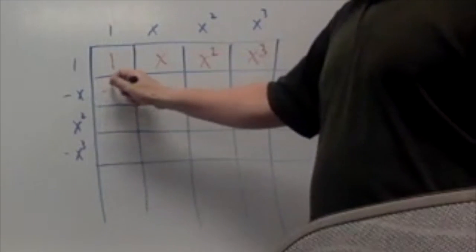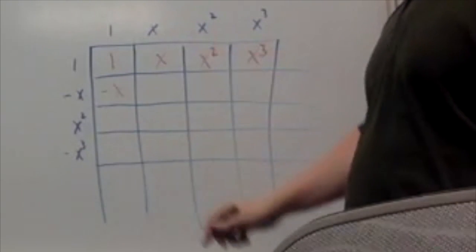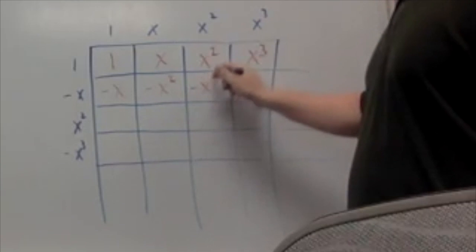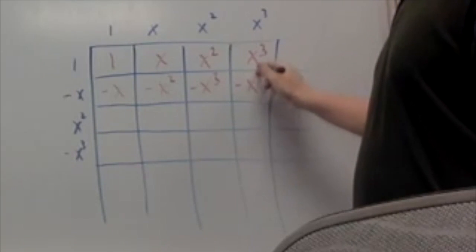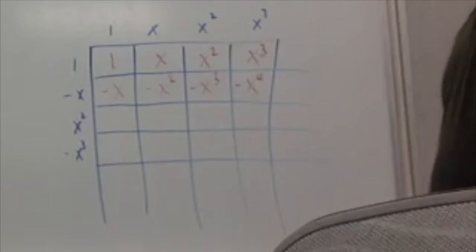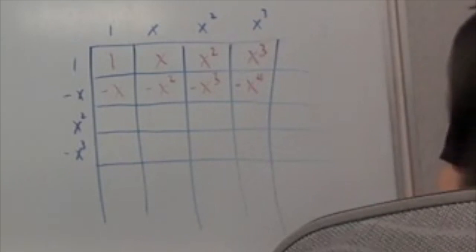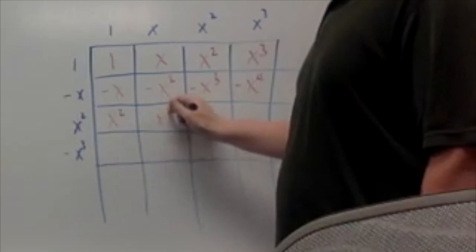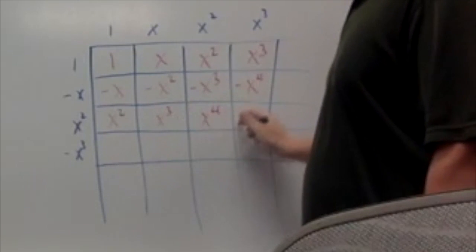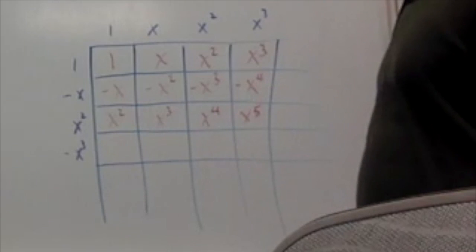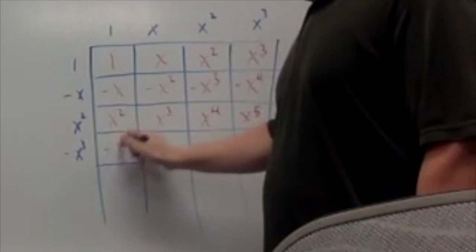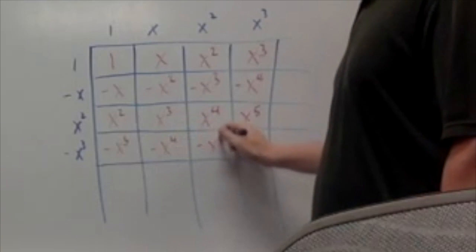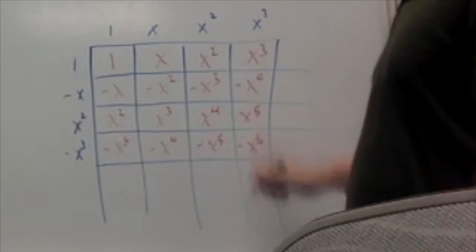Negative x times 1 would be negative x. Negative x times x would be negative x squared, negative x cubed, negative x to the 4th. And it's clear to me how the pattern will continue. Likewise, x squared, x cubed, x to the 4th, x to the 5th, negative x cubed, negative x to the 4th, negative x to the 5th, negative x to the 6th.